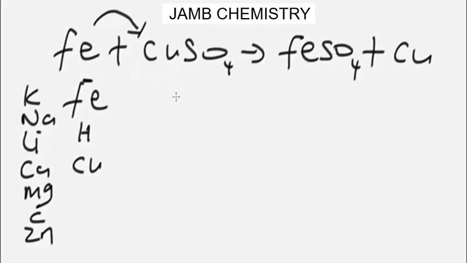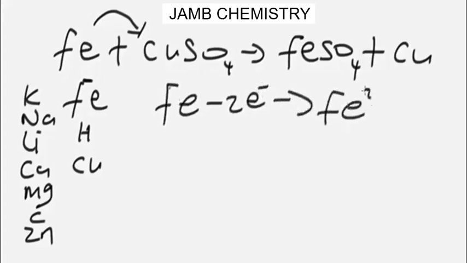Basically, in the reaction above, the iron lost 2 electrons to become iron 2 ion. So the iron got oxidized by losing 2 electrons to form iron 2 ion, whereas the copper ion gained 2 electrons to form copper atom.